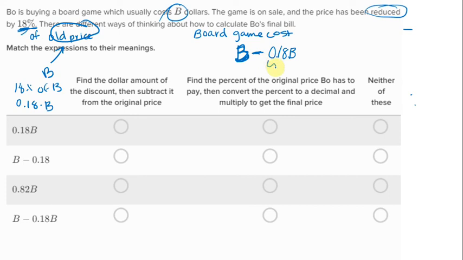So this part is our discount. This is our original price. So we would take our original price, B, minus our discount, and we would get the amount that Bo paid.